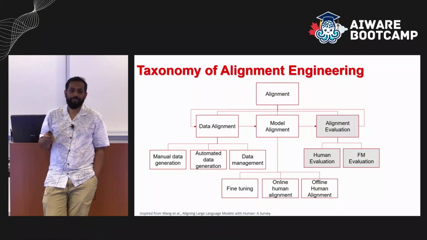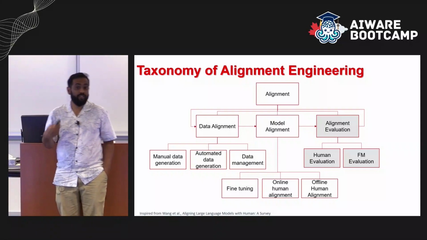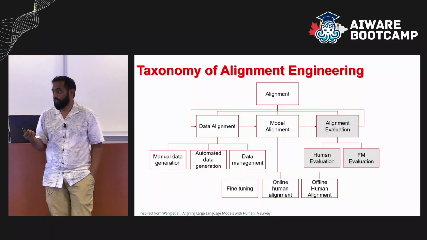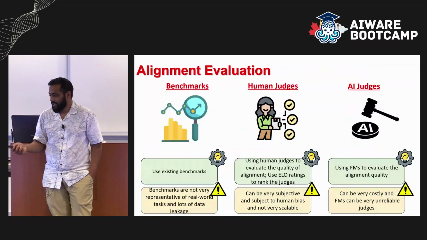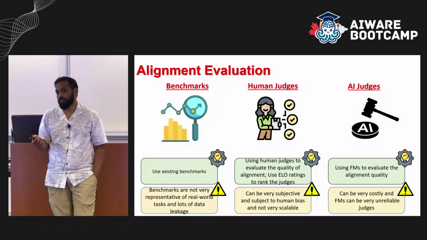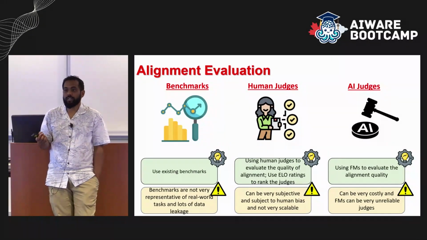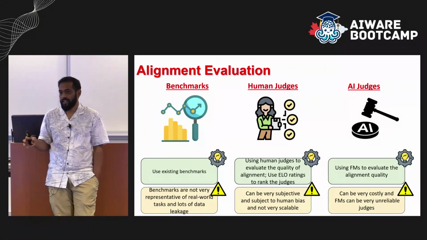And finally, to evaluate if we did a good job aligning it to human preferences, we typically use benchmarks, which is what most of the papers at least are doing, which is quite problematic, because benchmarks are not very representative of real world tasks.